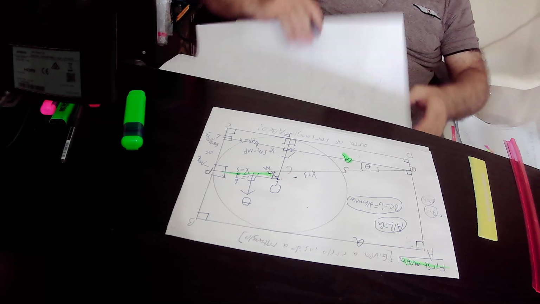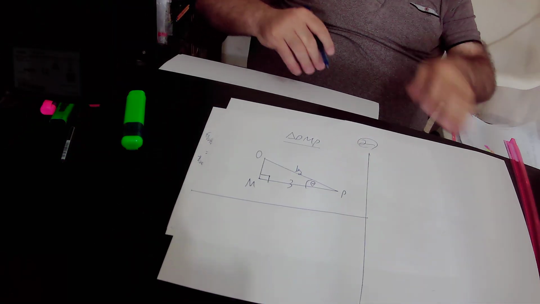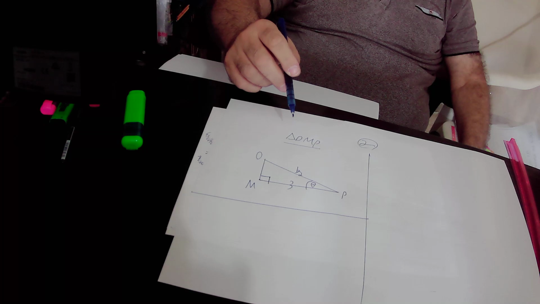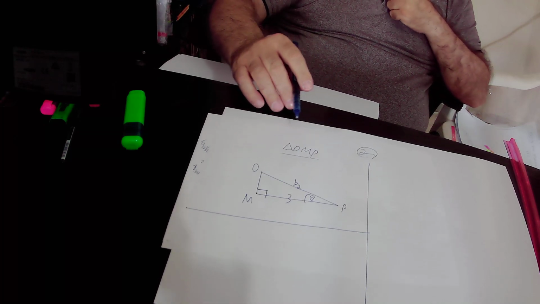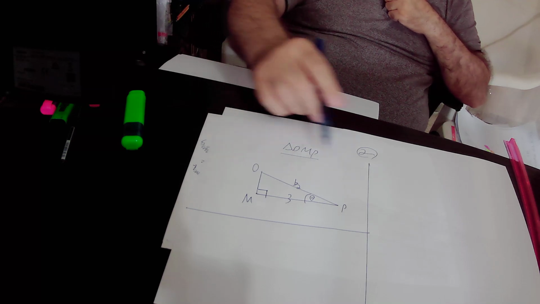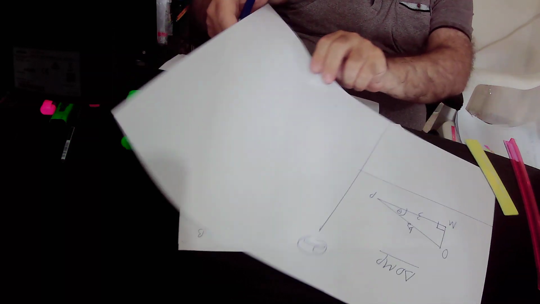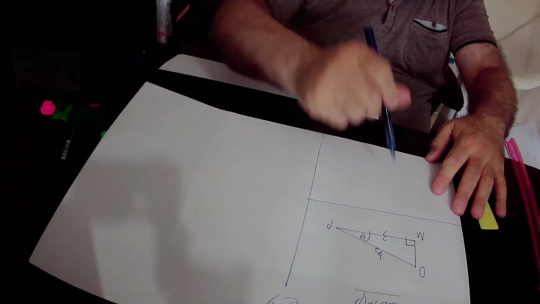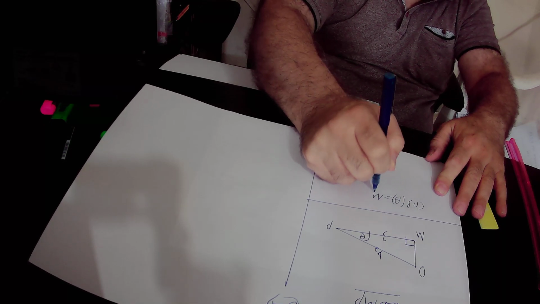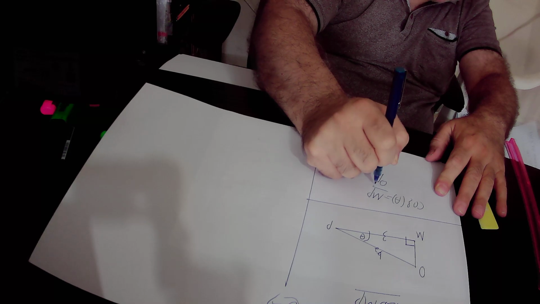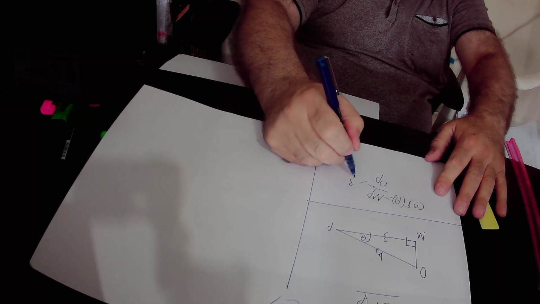So here, this is the right triangle OMP that I copied from the original drawing. In this right triangle OMP, cosine theta equals MP over OP. MP equals 3 units, we substitute MP by 3.